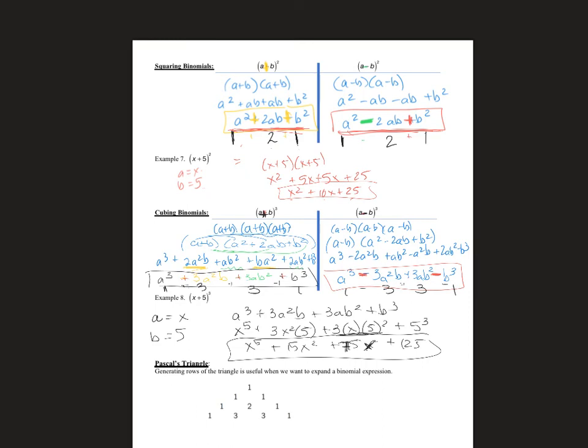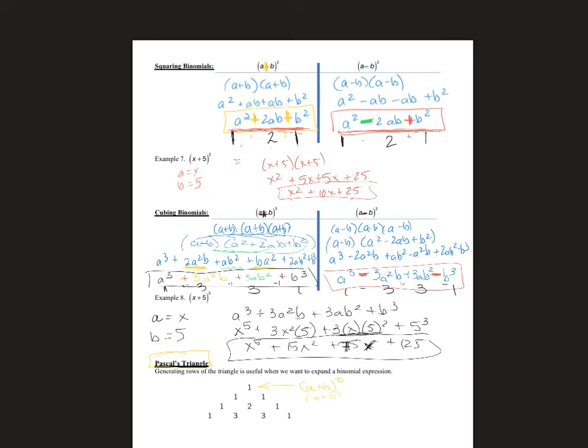Now, for this squaring and cubing of binomials, the reason I wanted you to pay attention to those coefficients is because you actually don't have to do the multiplication. If you can identify the a and the b, and you can generate what is known as Pascal's triangle, which is for different powers of a binomial. So a plus b to the 0 equals 1.